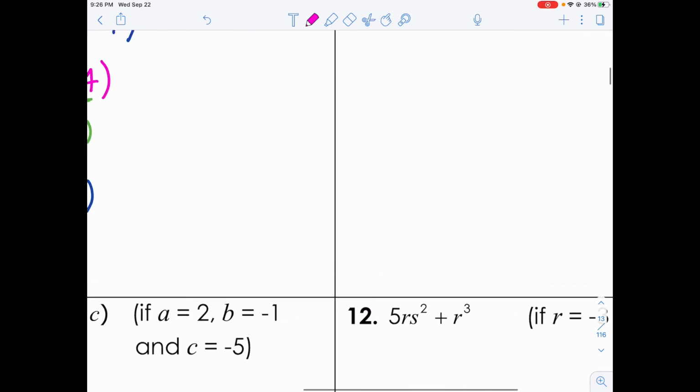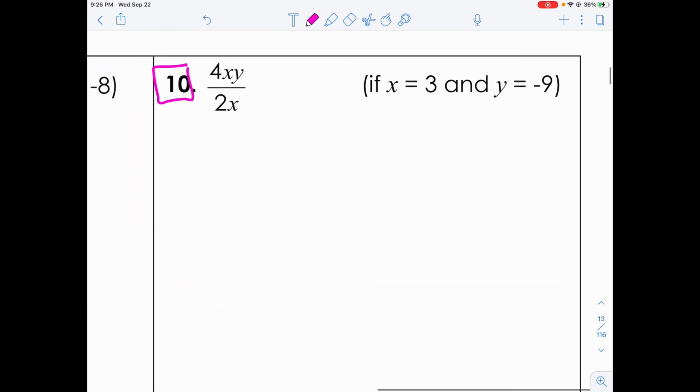Looking to number 10. Same thing, making sure you're plugging in using parentheses inside. This is back to the order of operations problems. Remember, when you do them, you need to simplify all the way across the top and then simplify all the way across the bottom, and then you can divide them.